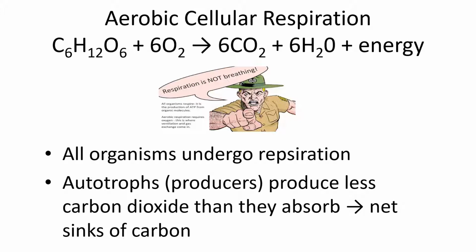And even producers or autotrophs, whatever you want to call them, same thing, yes, they undergo cellular respiration as well. And although they go through photosynthesis, taking in carbon dioxide, they're actually using carbon dioxide also. And so they do end up producing less carbon dioxide than they use. And so therefore they're a net sink of carbon dioxide, meaning they hold that carbon dioxide in more than they let go.